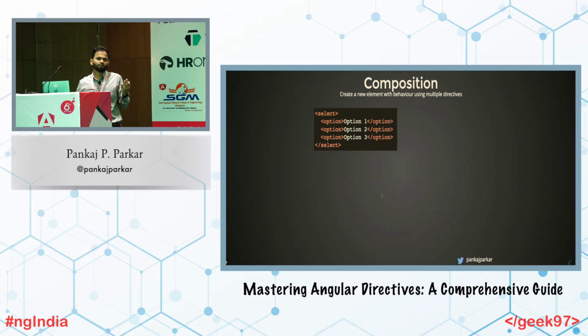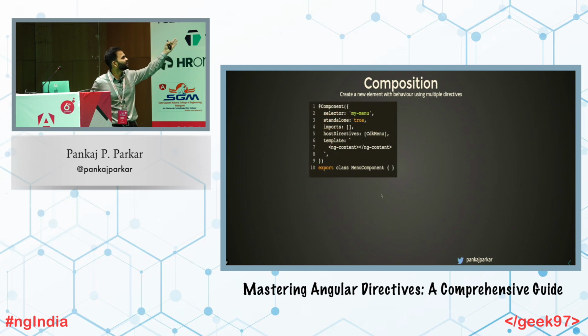What is the natively provided option? It is select, right? If I want to do the same thing with my own menu in my own design system, I may have to create two components, the same way HTML provides. Maybe one could be my menu and the options can be my menu item, right?